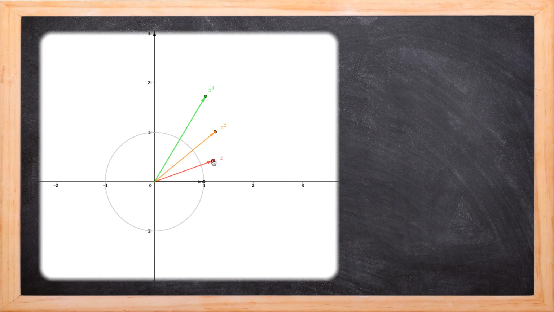So if I start moving z around, these angles are all still equal. If I move it out from the unit circle, you can see that scaling factor is now increasing. If we go inside the circle, then we've got a scaling factor that's less than 1, and therefore these associated vectors will be shrinking. The moduli will be shrinking by a factor of the modulus of z.